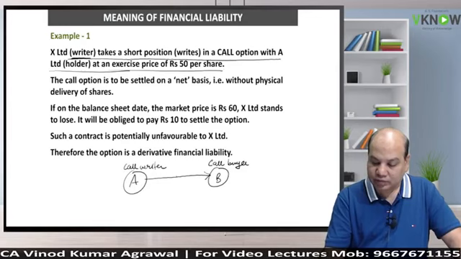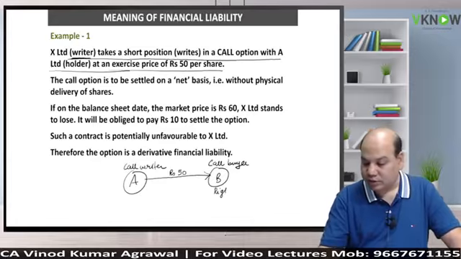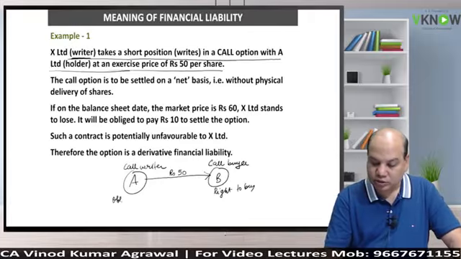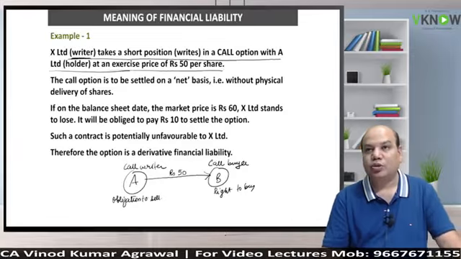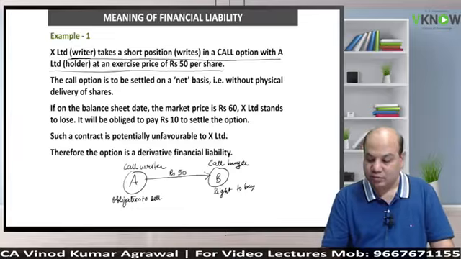The contract is that A will deliver 1 share at 50 rupees. B has a right to buy and A has an obligation to sell. That is called a call option. You are under an obligation to deliver at 50 rupees. B has a right to buy the share at 50 rupees.